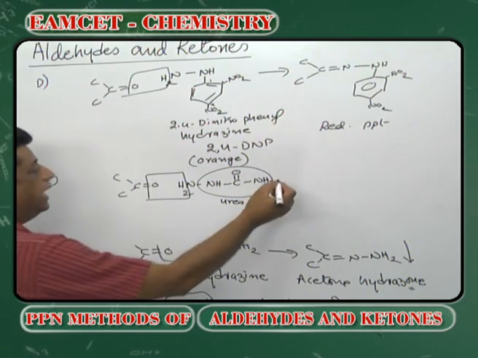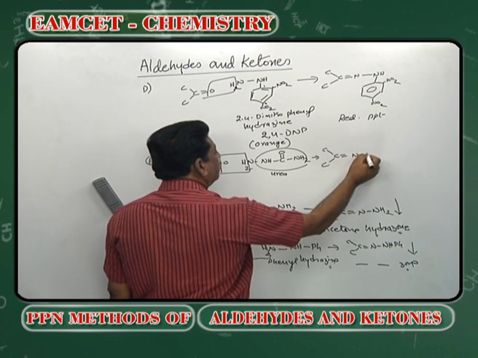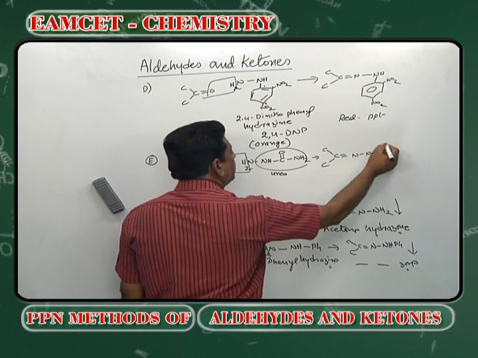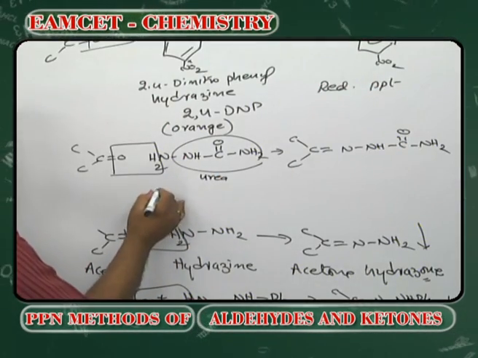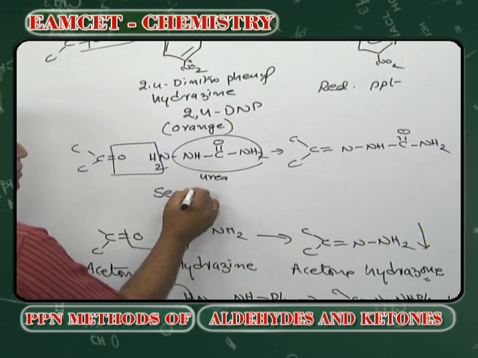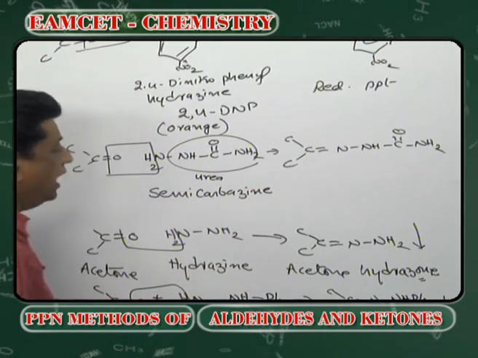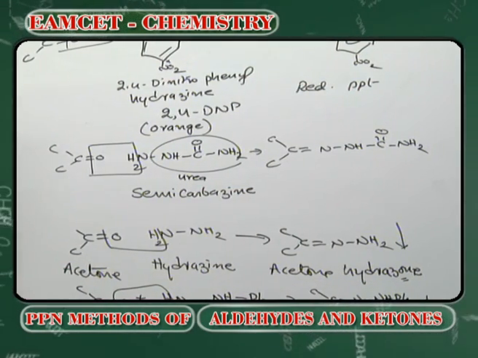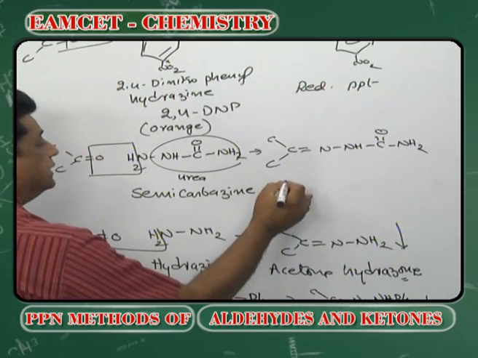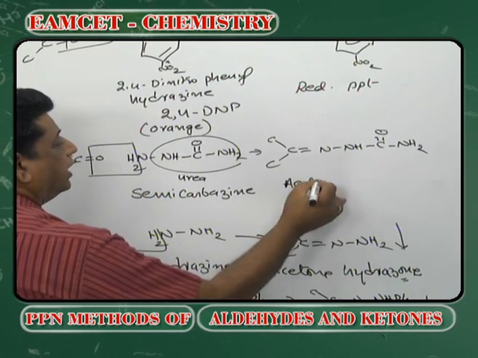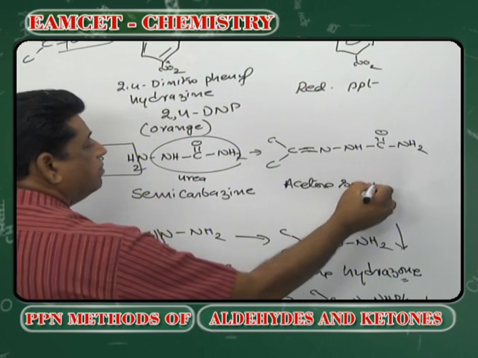So you are getting once again a big compound, but it is nothing but an extension of what you have studied previously. The reagent is known as semicarbazide. Previously it used to be called carbohydrates, but now the regularized name is semicarbazide. What comes here? Semicarbazone. This is the name of the carbonyl compound, acetone, plus semicarbazide, therefore it is known as semicarbazone.